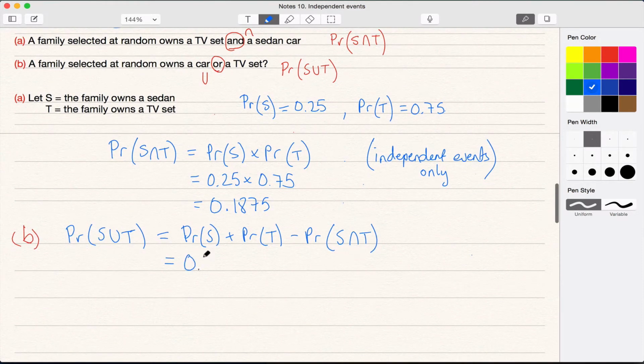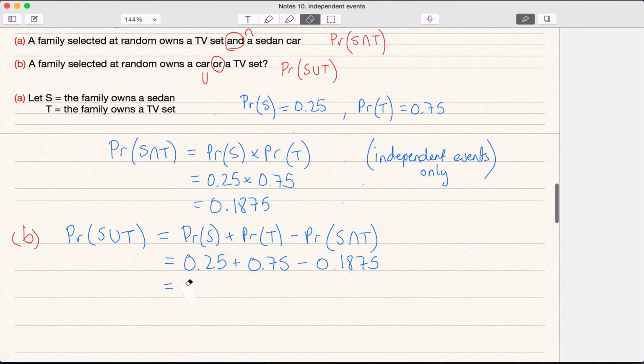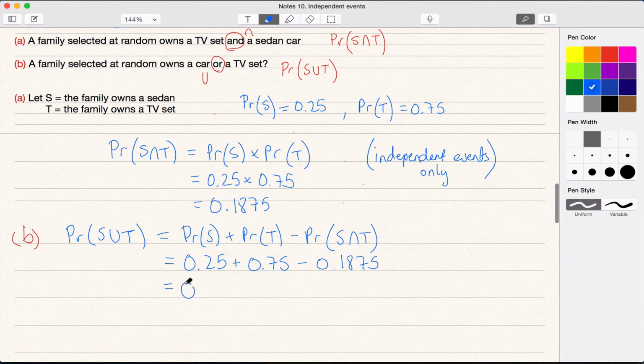We get 0.25 plus 0.75 minus 0.1875, which equals 0.8125. So that's the probability of S union T, which is what we're looking for here.